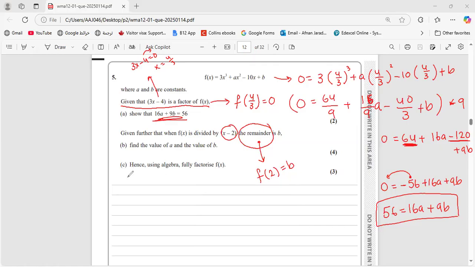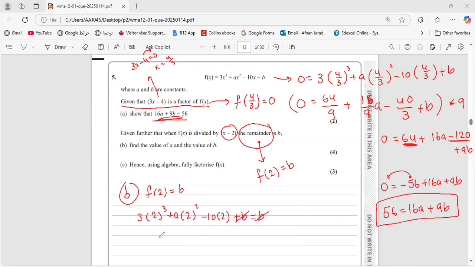So 3 multiplied by 2 cubed plus a multiplied by 2 squared minus 10 multiplied by 2 plus b equals b.